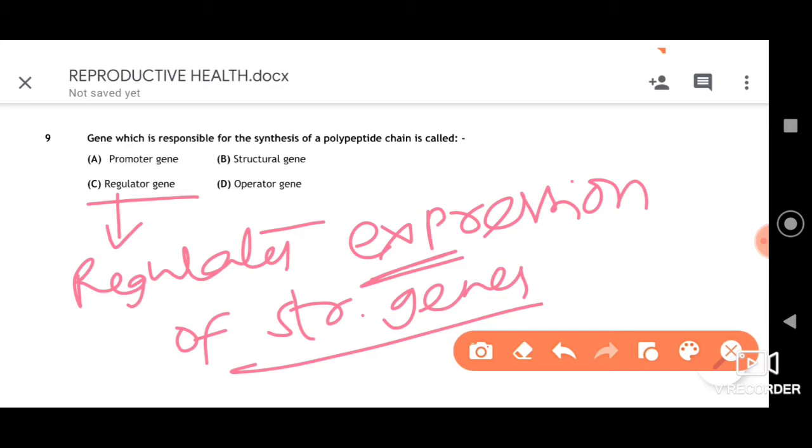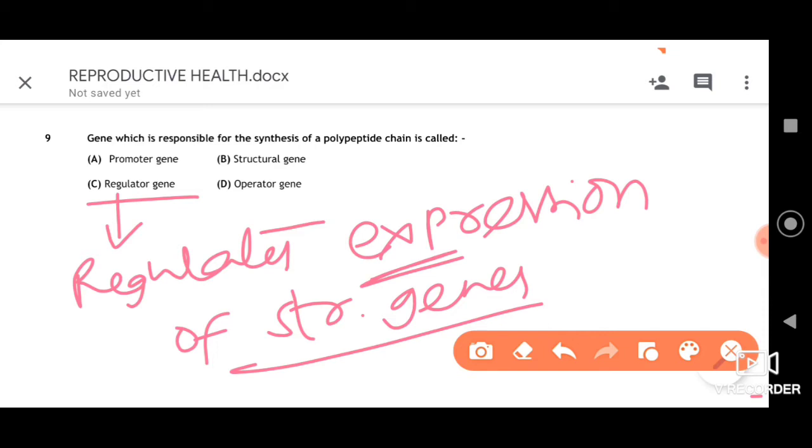So here the regulatory gene is of course important. Transcription factors bind here, and it is also present upstream of the transcription site.